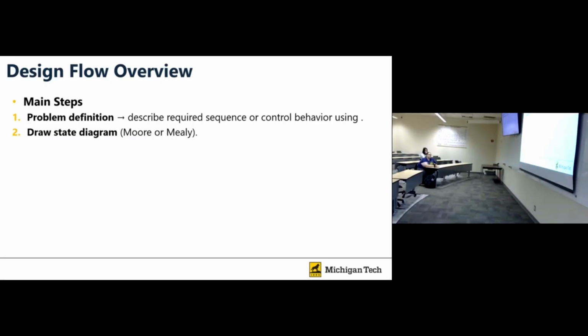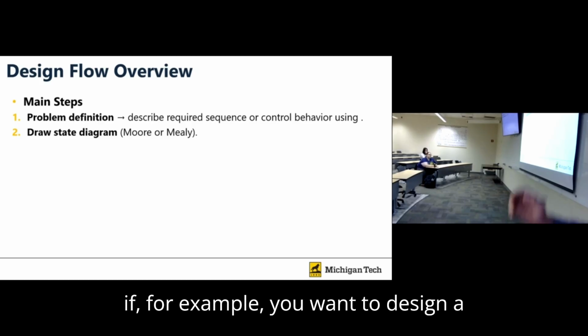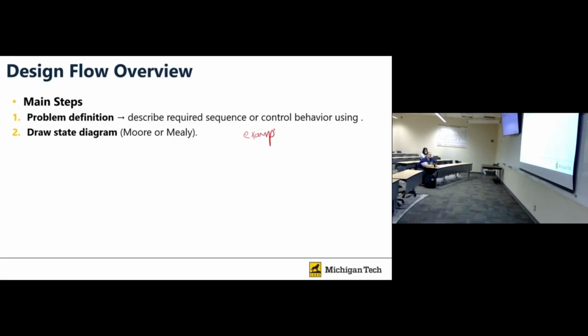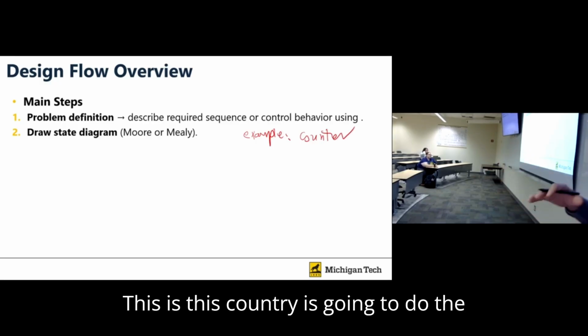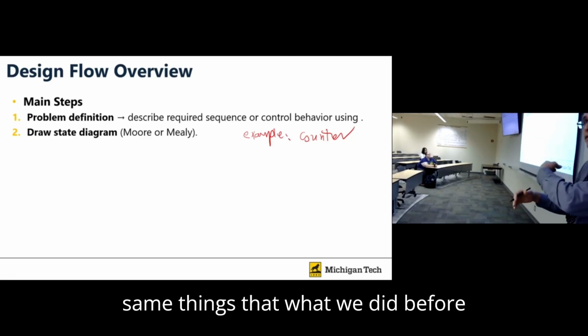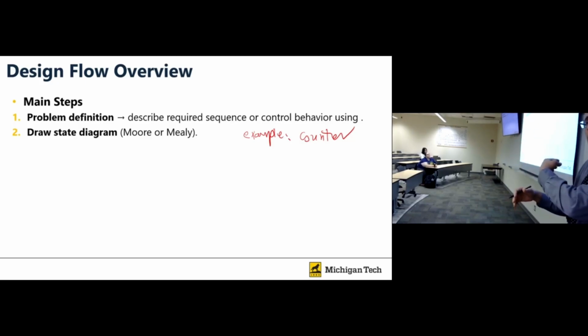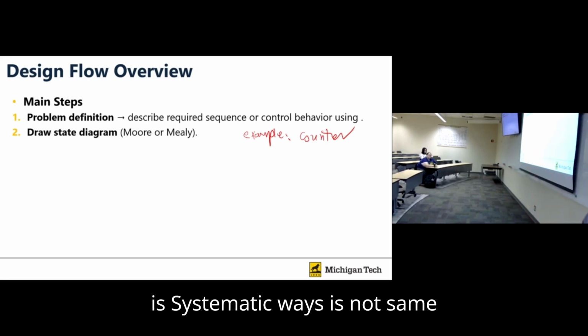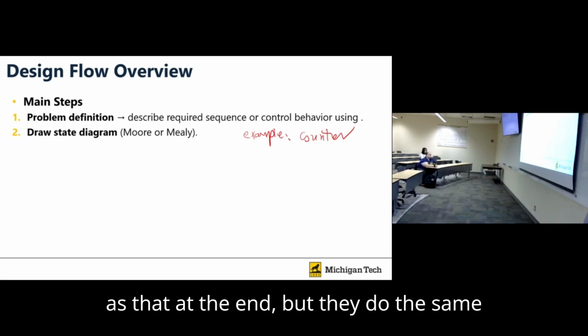So if, for example, you want to design a counter, this counter is going to do the same things that what we did before, but different circuit, because this is systematic ways, is not same as that at the end, but they do the same things.